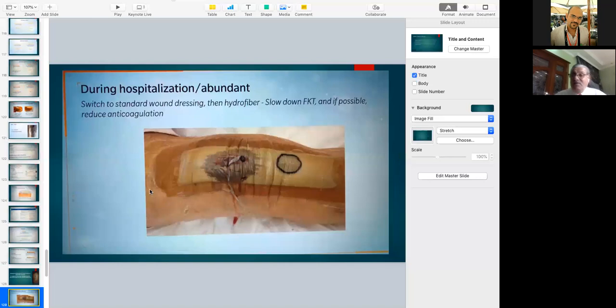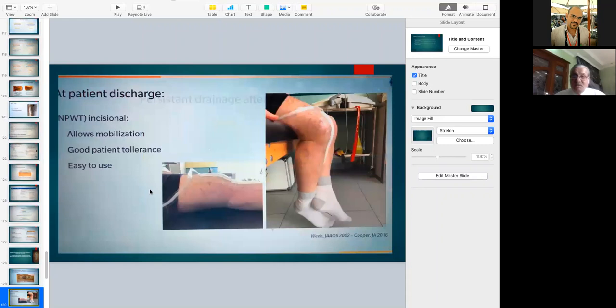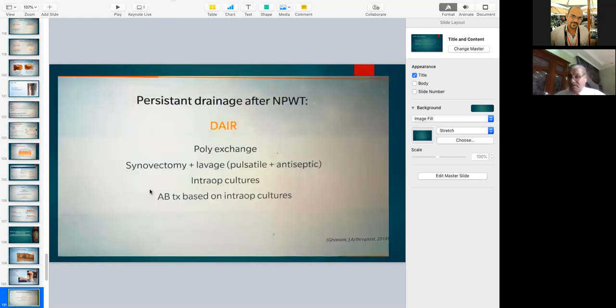If it continues, switch to another type of dressing, which is Aquacel or hydrofiber, to absorb the exudate from the wound and benefit from the hospital stay. If it continues, you can add the VAC system for 5 to 7 days, and within the VAC you can apply physiotherapy. If after 7 days there is persistent discharge, you go to DAIR.